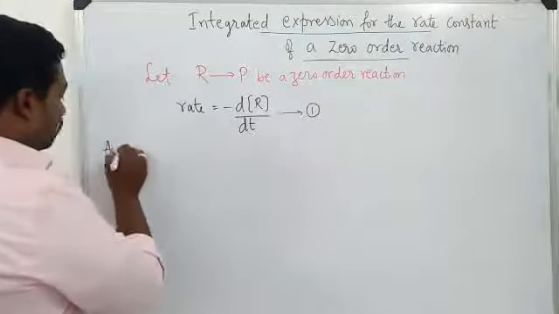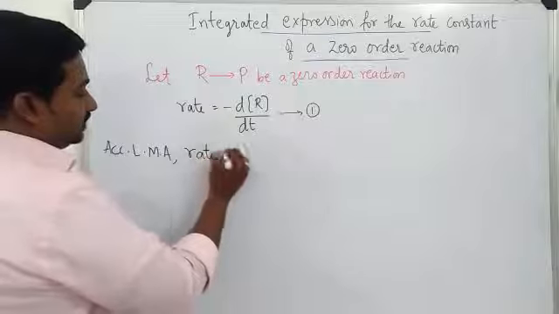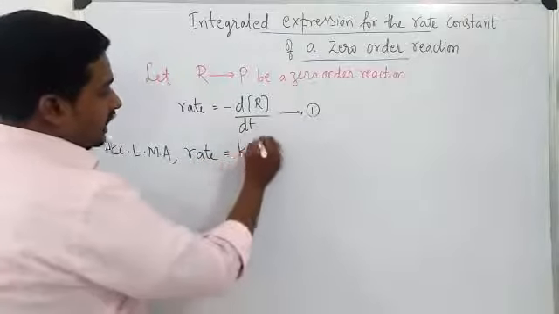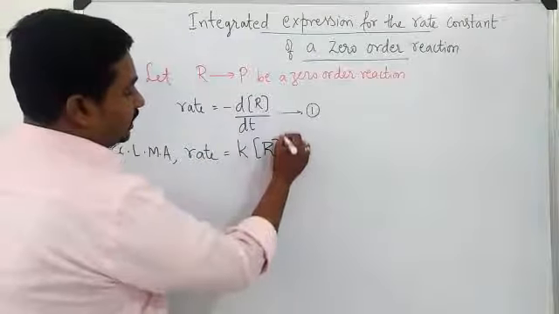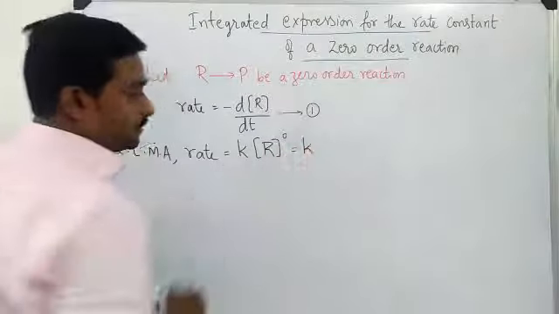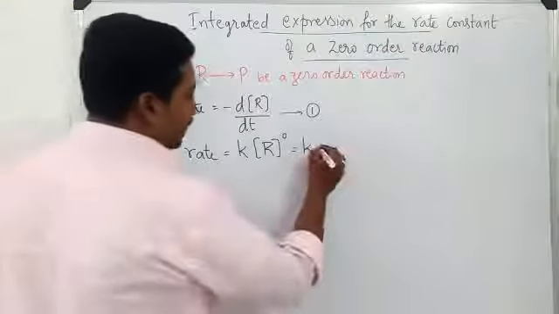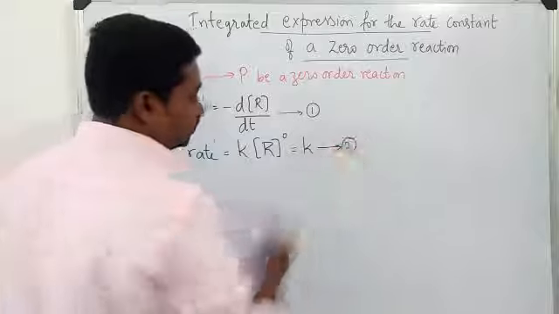Also, according to law of mass action, I can write another rate equation where rate is equal to K into concentration of reactant power 0. And this will be equal to only K. Anything power 0 is 1, so only K is remaining. I'll call this equation 2.